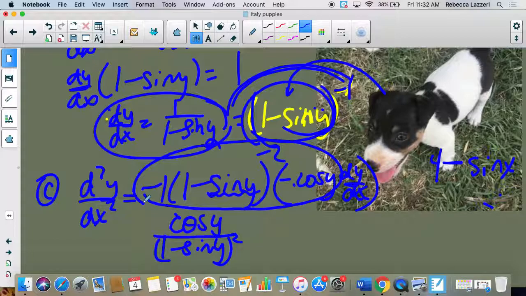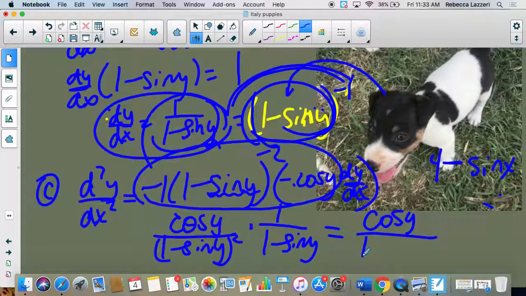All right, and what was dy over dx? 1 over 1 minus sine y. And so I get cosine y over 1 minus sine y cubed. You know what?